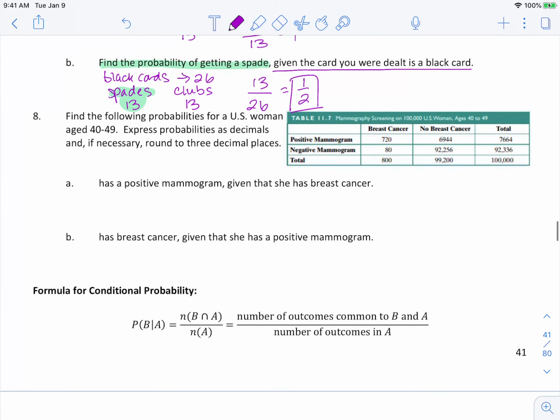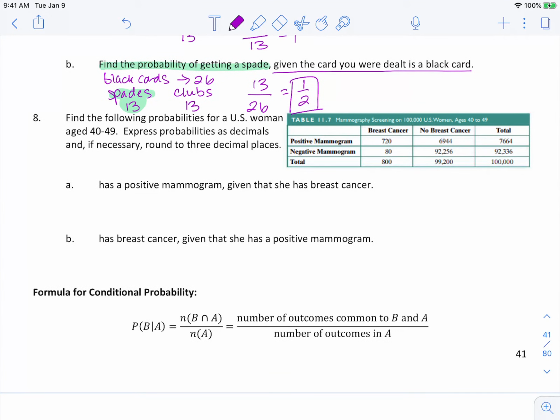Find the probability for a U.S. woman age 40 to 49. It says express probabilities as decimals, and if necessary, round to 3 decimal places. Okay, so here we have positive and negative mammograms, and then the occurrence of breast cancer or no breast cancer. The first one says the probability that a person has a positive mammogram given that she has breast cancer.